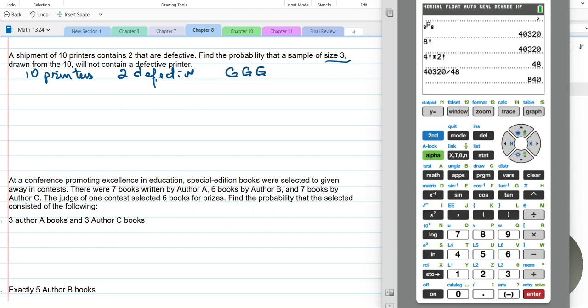So we're going to have the sample 3 from 10 will not contain a defective. So we want only good, right? Out of the 10.